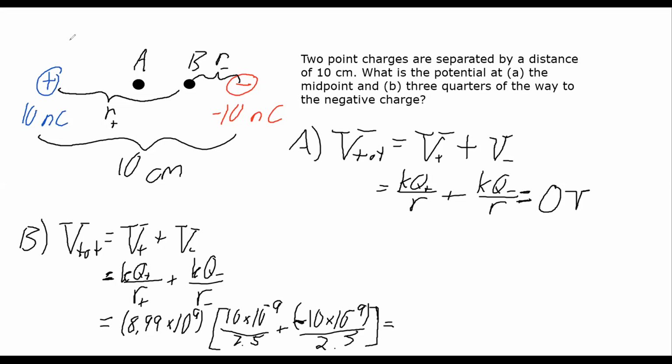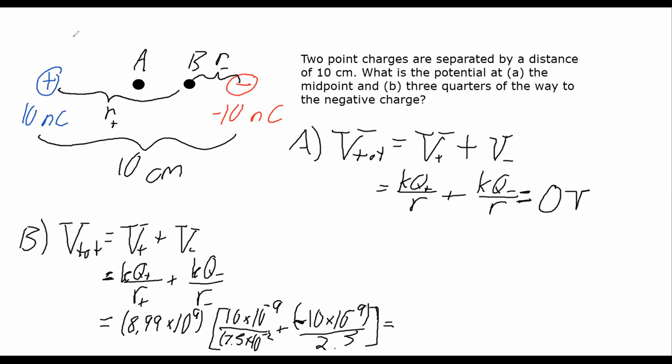Okay, so there we go. We plug in our values. In this case, it does not equal 0. Let me rewrite that. It should be 7.5 times 10 to the negative 2.